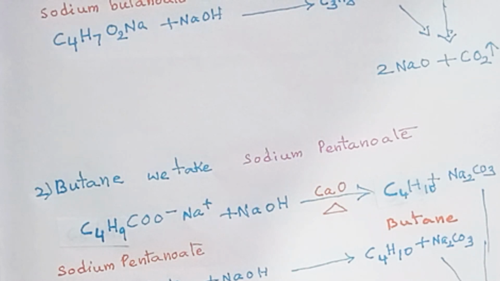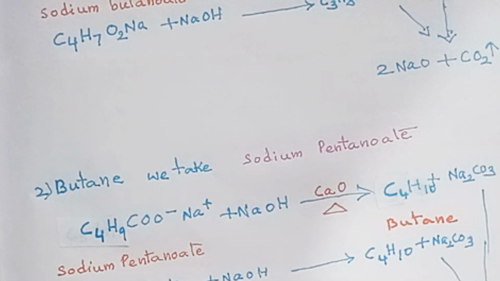This upon treatment with soda lime, the COO and Na will combine with NaO to give sodium carbonate and butane. This is the four-carbon chain, with 3 hydrogen atoms on the first carbon, 2 on the second, 2 on the third, and 3 on the fourth carbon.